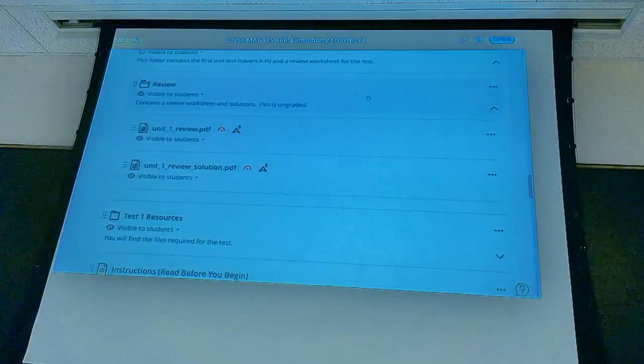I would recommend you go through that worksheet. It's probably going to be a really good indication of what's on the test. As in, I wrote the test, and then I just had AI generate a review worksheet based on the test.